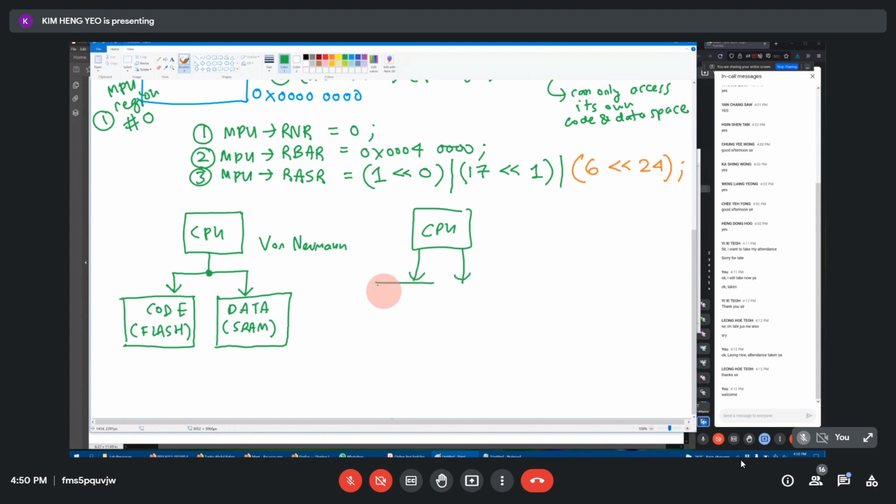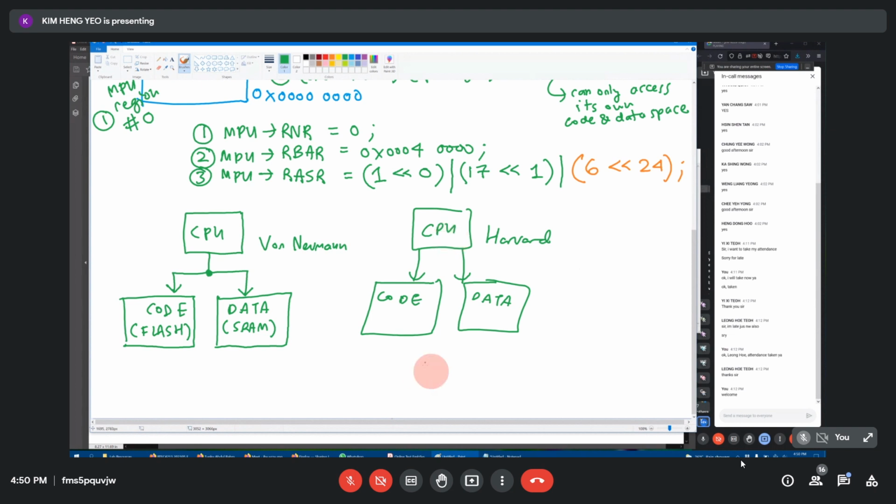So you got one bus to code and another bus to data. We call this the Harvard architecture. What's the advantage? You got higher performance. You can access both code and data at the same time. But disadvantage, CPU design is more complex, so it's more expensive and uses a bit more power.